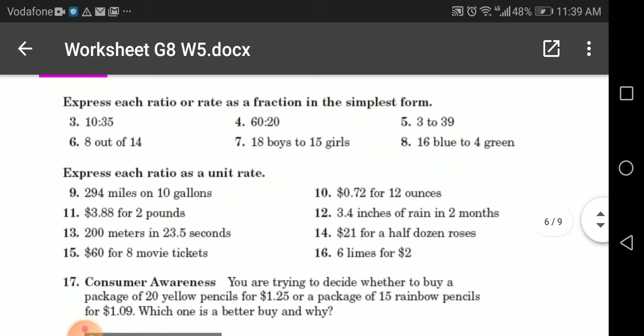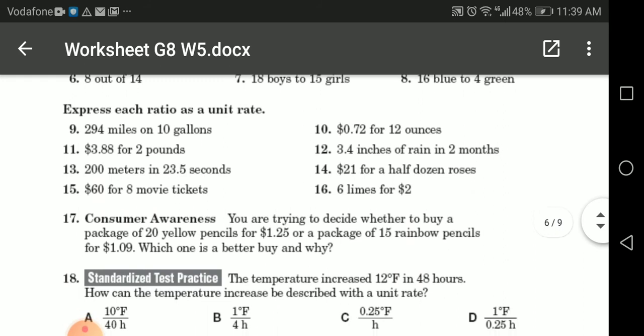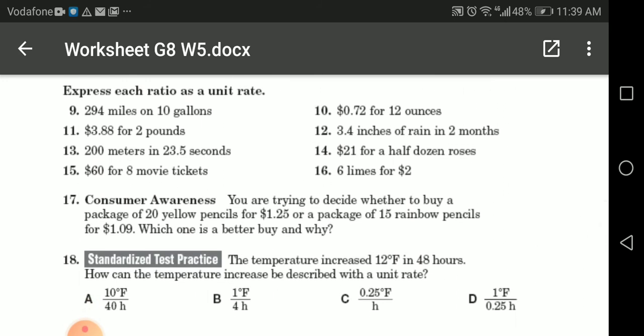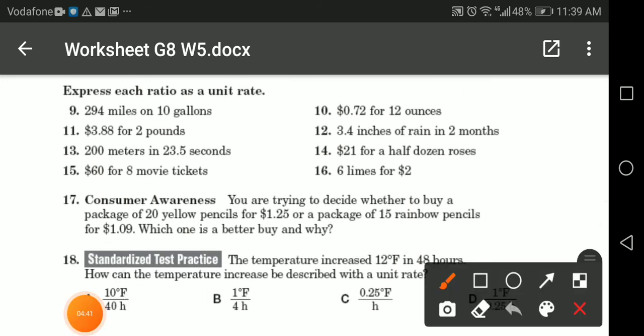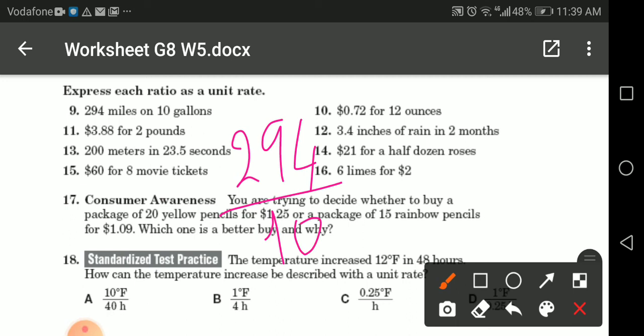Okay? Now we have: express each ratio as a unit rate. This is easy. We have 294 all divided by 10. Remember, when we need to know the rate, we have to make the denominator 1. Yes, I can hear you, 1.